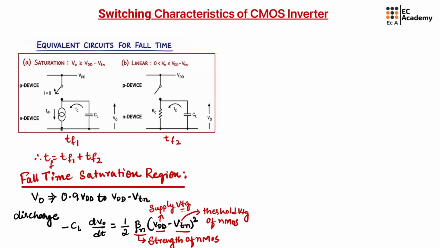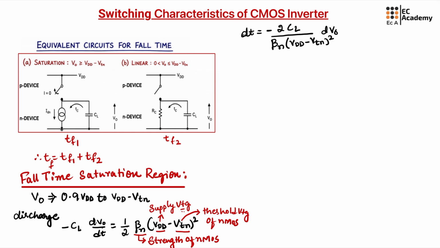Now, in this equation, let us separate the variables so that we get the equation for dt. So, we can write dt is equal to minus 2CL divided by beta n times (VDD minus VTN) whole square, times dV0.